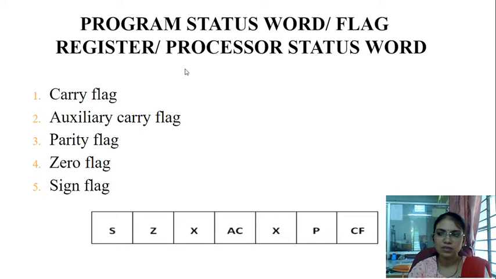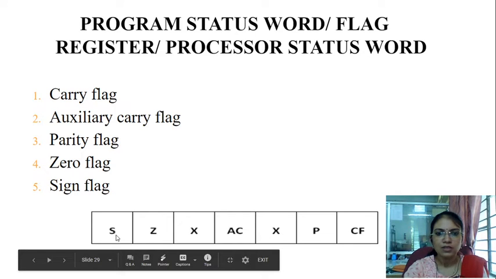That's why the number given here is 5. Only 5 flip-flops give the particular status instead of all 8. Those 5 flip-flops are given here as S, Z, AC, P and CF.